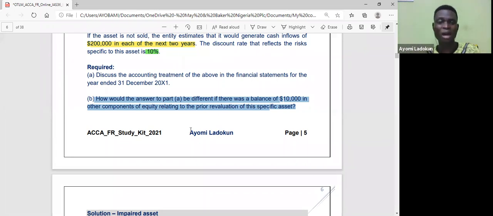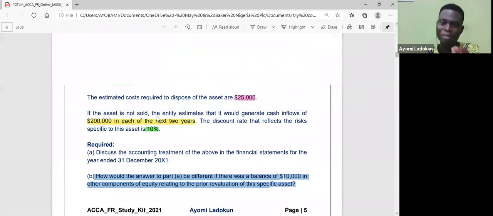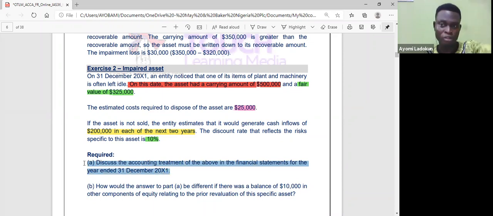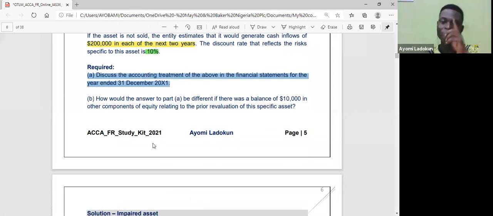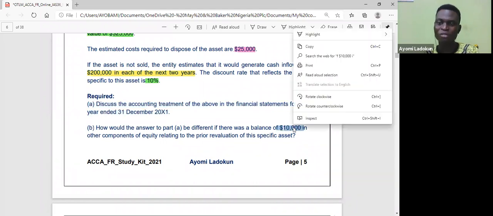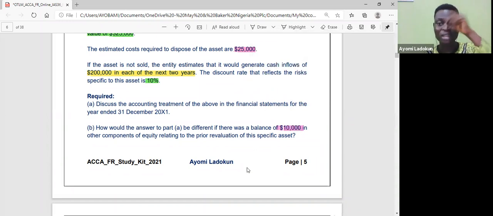Remember that 153 is our impairment loss. In part A, I will just take the impairment loss to profit or loss. It's very simple. But in part B, the examiner is saying, assuming there's a balance of $10,000 in the OCI, what will be my answer?